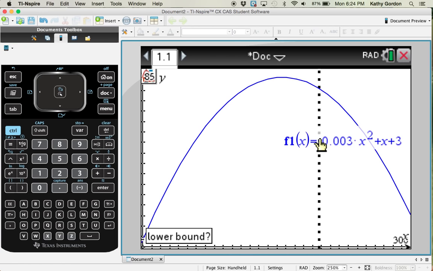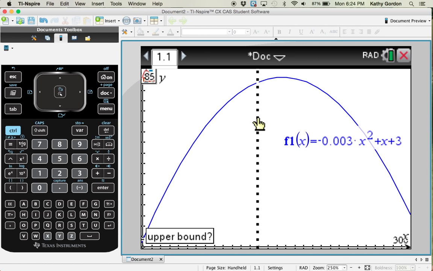So I'm going to choose the maximum, and then I'm asked to set the lower and upper bound. So I'm going to set the range that I want the calculator to look in to find this max point. So I know it's in here somewhere, so I'm going to just set this where I know it's going to be lower than the vertex.